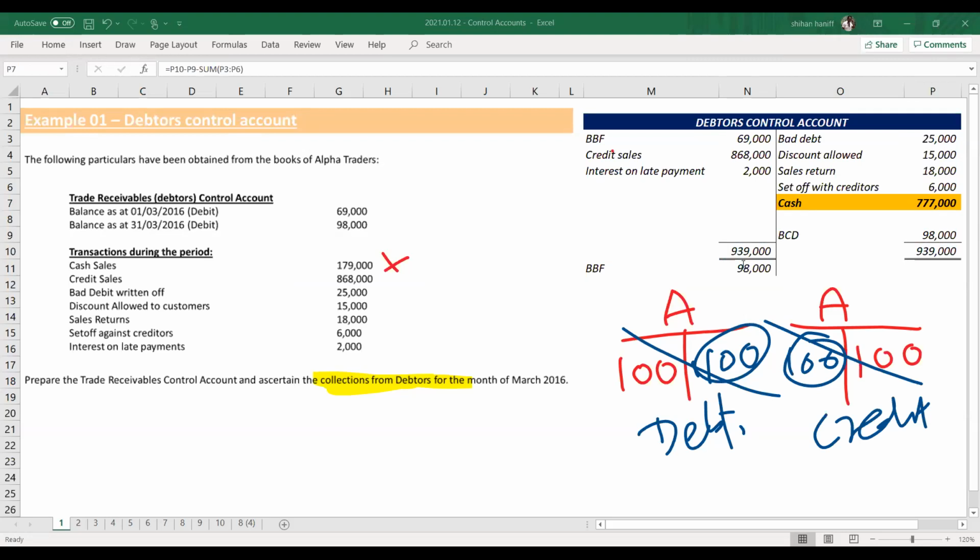So, see, where did you make the mistake?